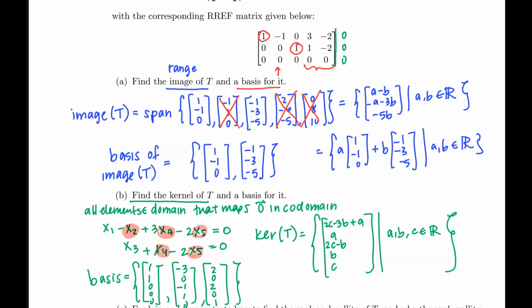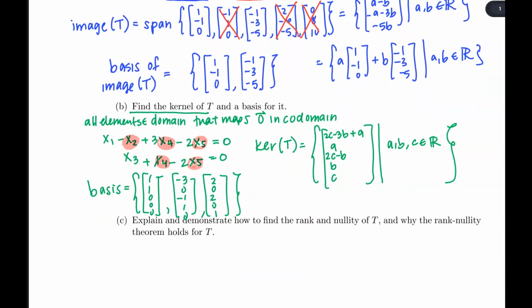Now the last question here said, let's see if the rank-nullity theorem holds here. So this was the idea that nullity is the dimension of our kernel, and rank is the dimension of our image of T, right?